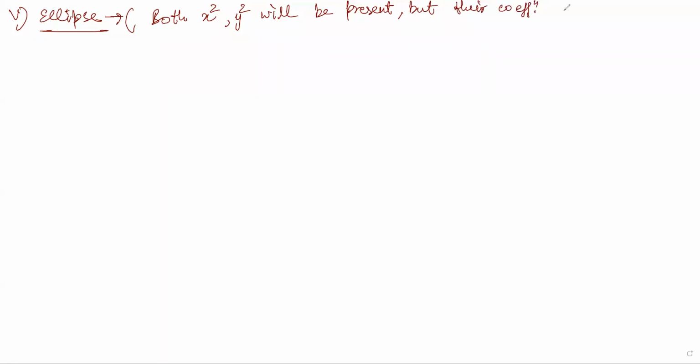So the second last figure is ellipse. Now, how to identify whether a given equation represents ellipse or not? Both x square and y square will be present. Both will be present, but their coefficient is not same. Let's say the coefficient of x square is 1.